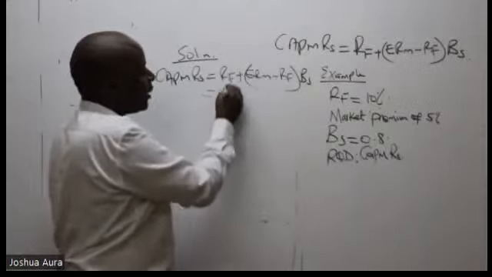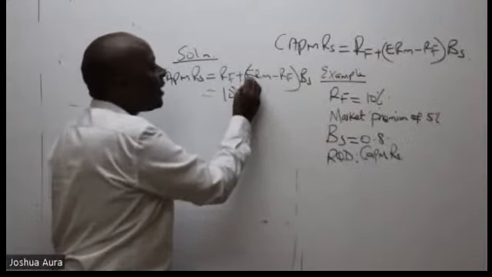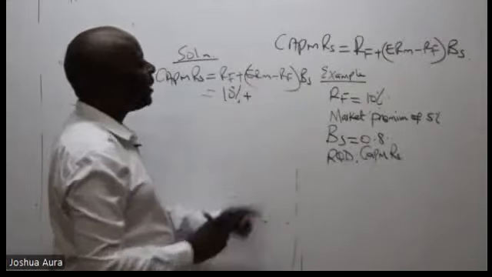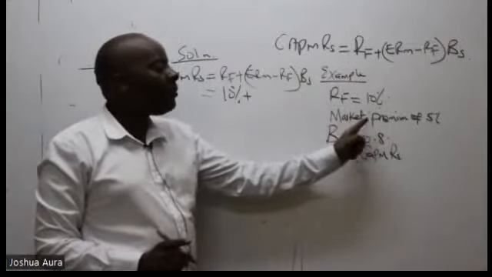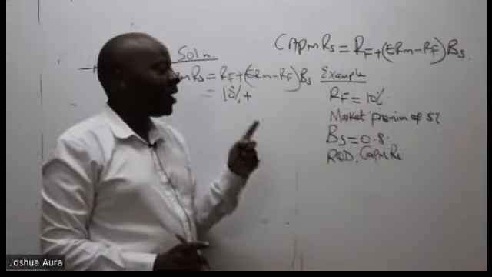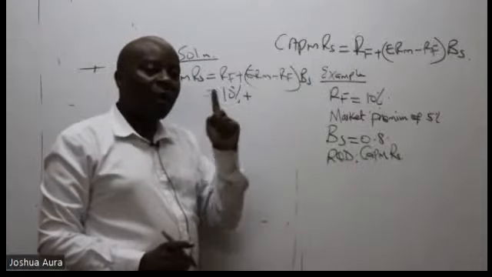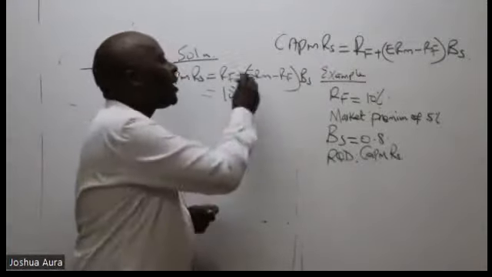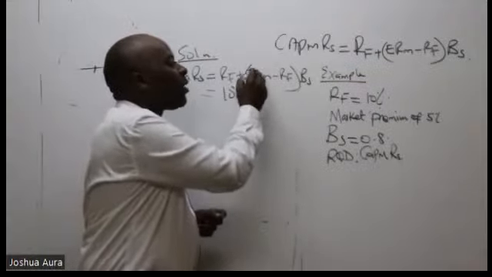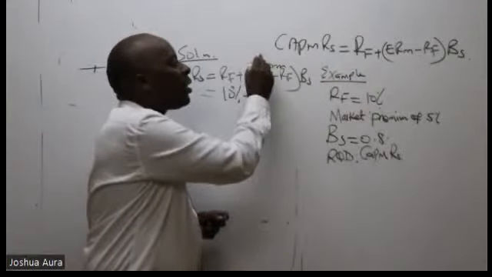The risk-free here is 10% plus, you see, this example has given us the market premium. There are students who do not know that the premium means that these guys have already subtracted for us. What we have in the bracket is what we call the premium.